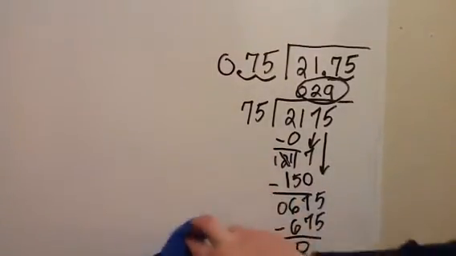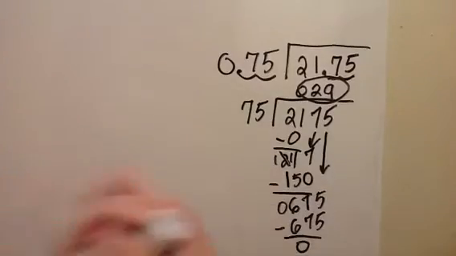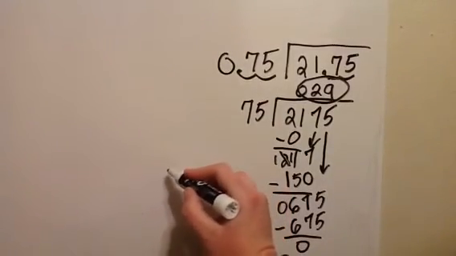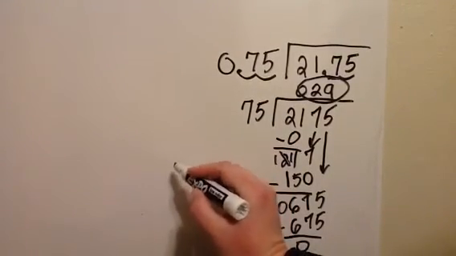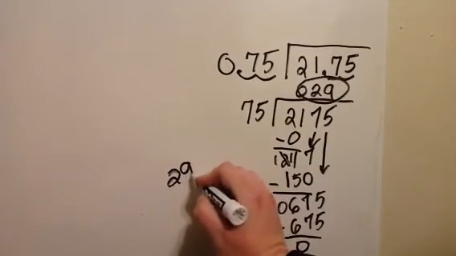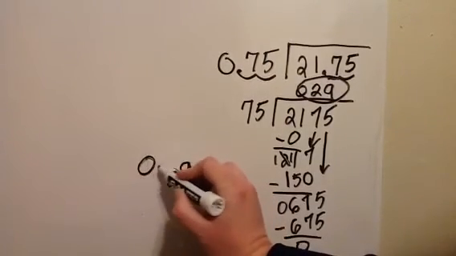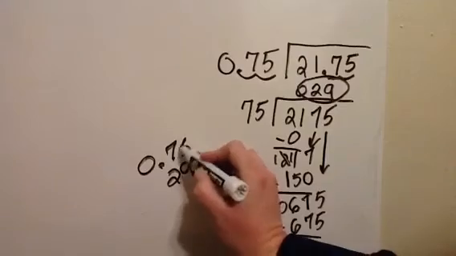But we need to multiply our quotient by the original divisor. So we're going to have 29, and we're going to multiply it by 75 hundredths.